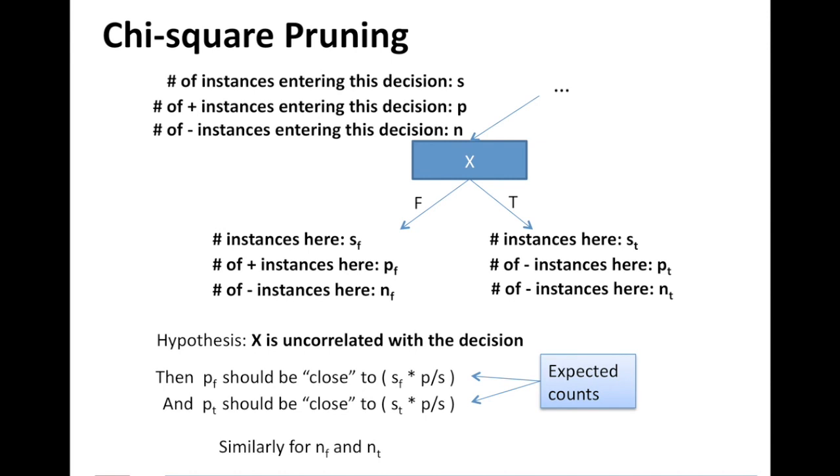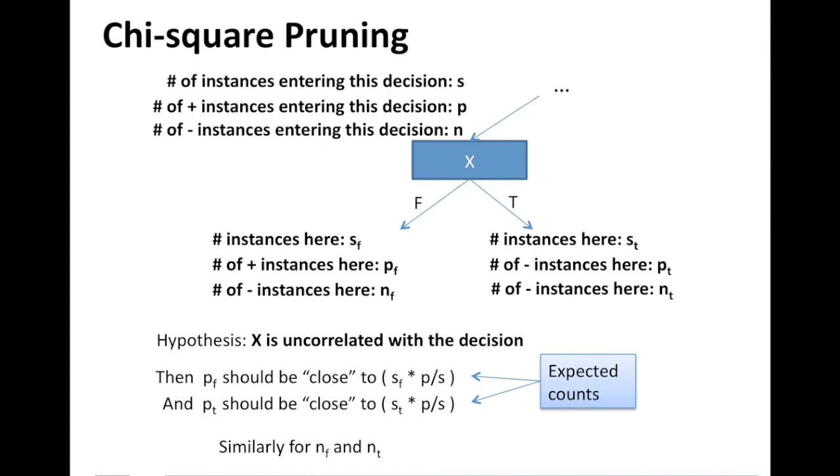Which means that the number of positive instances PF after the split, on the left branch, is close to the scaled version of P. P by S is the ratio of positive instances entering x to the total number of instances entering x. Scale it with the number of instances where x is equal to F.